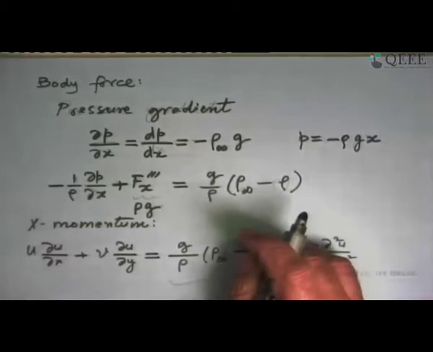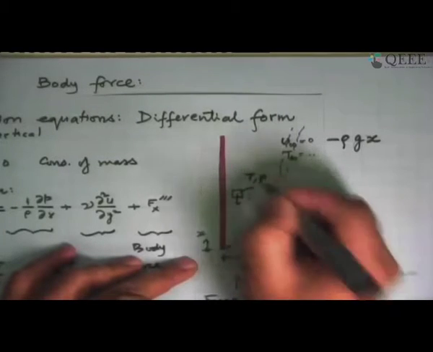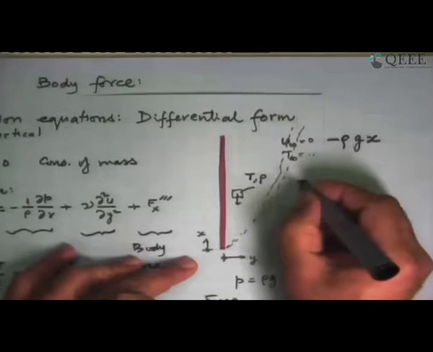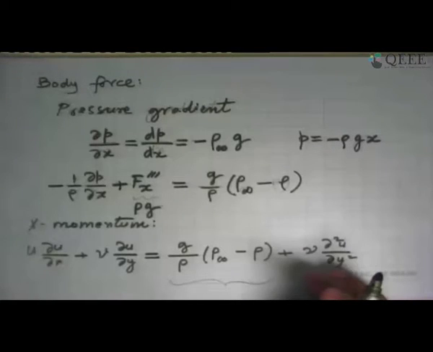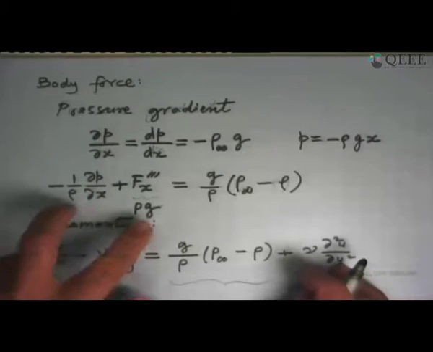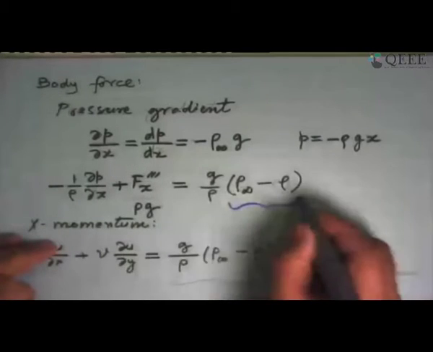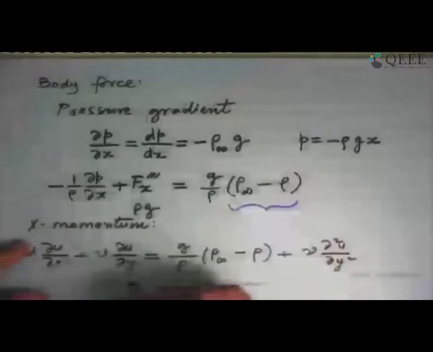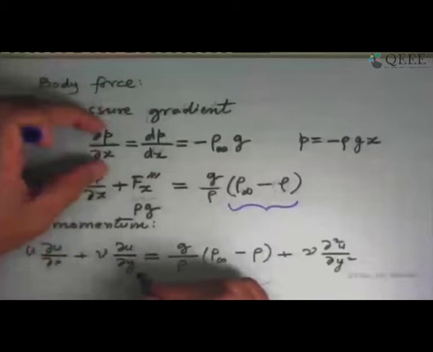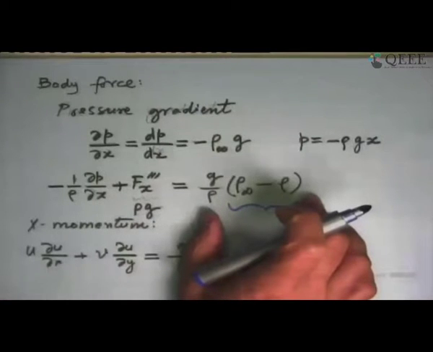The rho is the density of this fluid element, so its temperature is T, its density is rho. Far away, the temperature is T infinity, the density is rho infinity. So it's a combination of these two that produced this differential term, which we know from school days as being buoyancy. So in reality it is a combination of the pressure field and the body force that produced this particular combination.